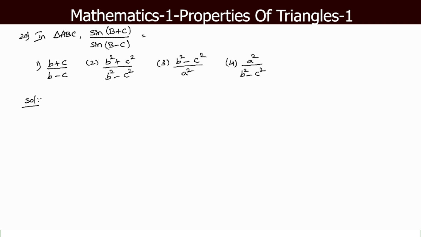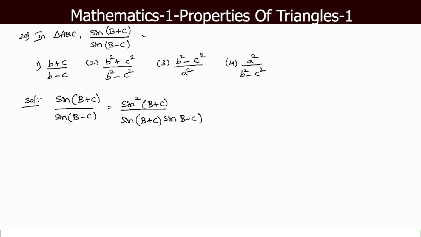Now, multiplying numerator and denominator with sin(B plus C), that equals sin square(B plus C) by sin(B plus C) into sin(B minus C). So that is sin square(pi minus A), because B plus C is equal to 180 minus A, by sin square B minus sin square C.